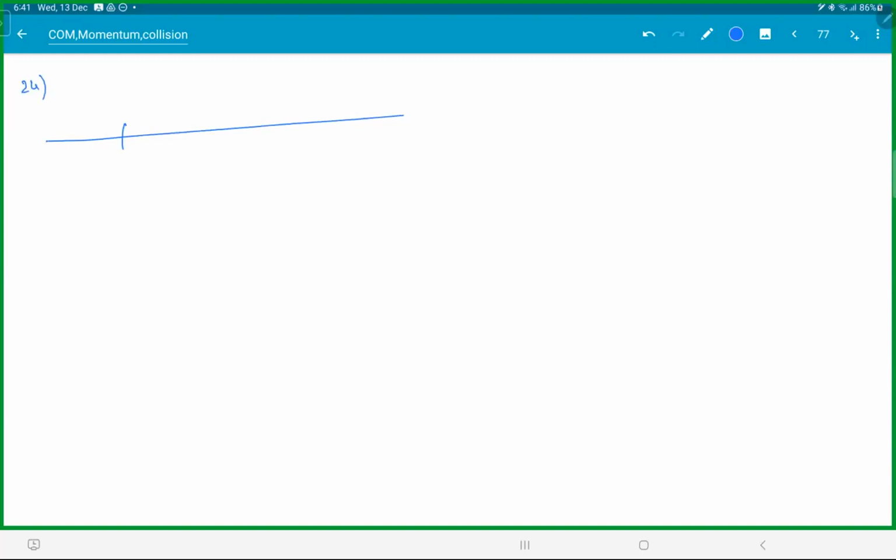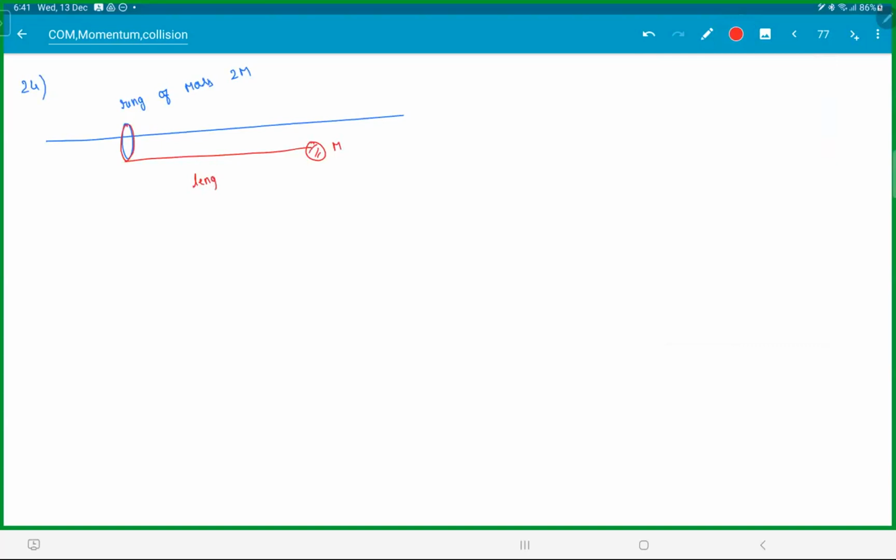Similar equation. We have a ring here of mass 2m. This is tied to a ball here of mass m.